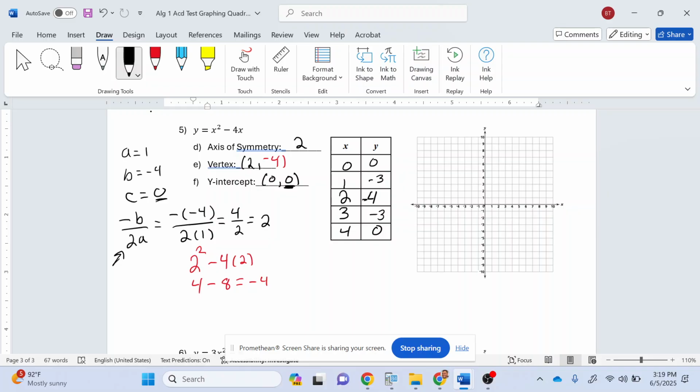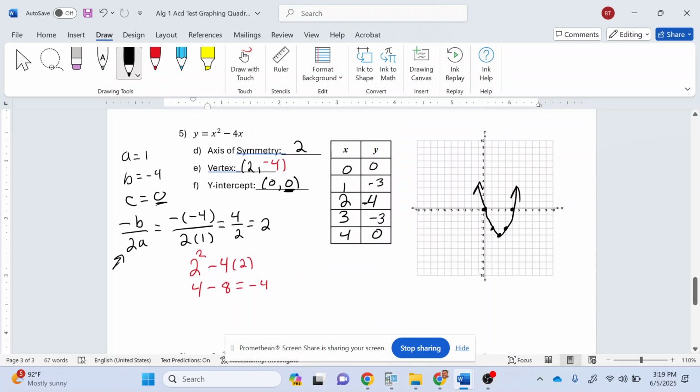And then let's just draw it out. 0, 0, 1, negative 3, 2 comma negative 4, 3 comma negative 3, 4, 0. You know you're doing a good job if it looks like a U. A V is okay. But if it looks like not a U, you made a mistake.